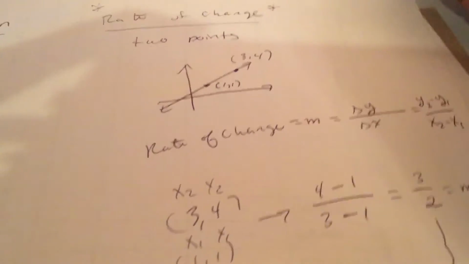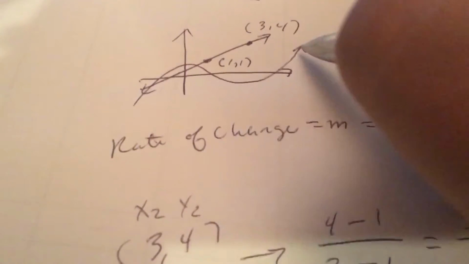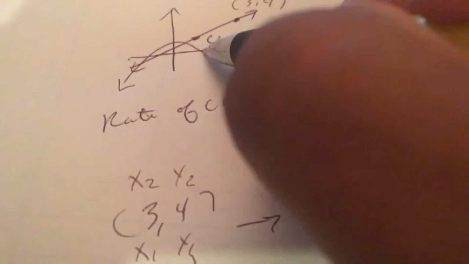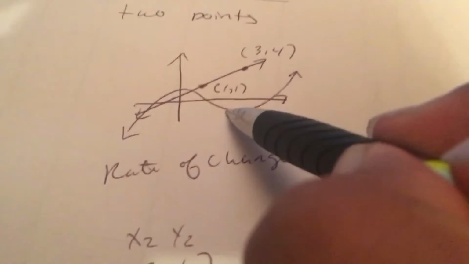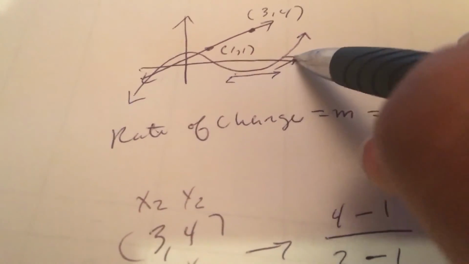And it certainly gets more complicated when you start dealing with curves such as these, and you start talking about the rate of change between these two. Notice how if we were to look at here, our rate of change would constantly be changing throughout this curve.